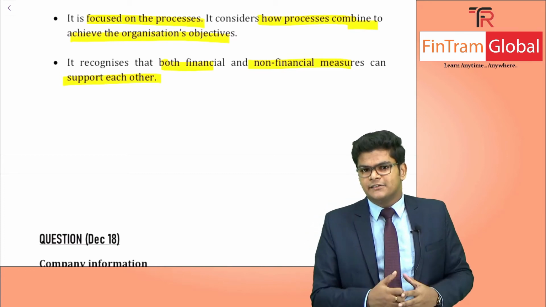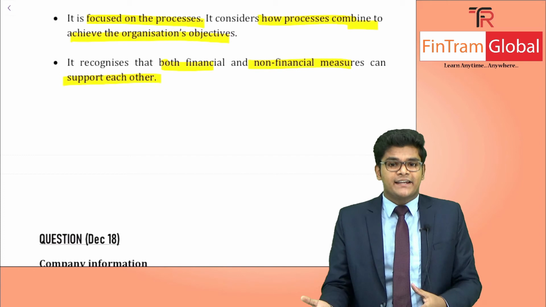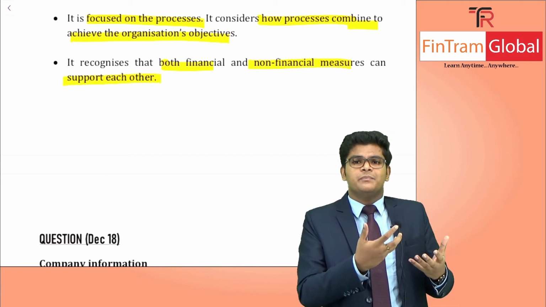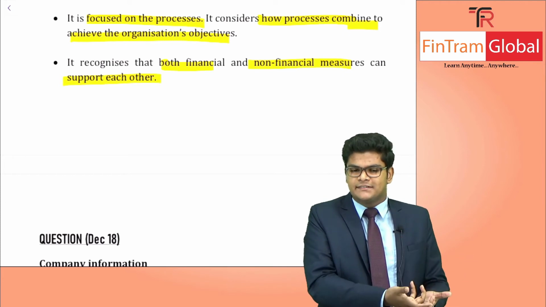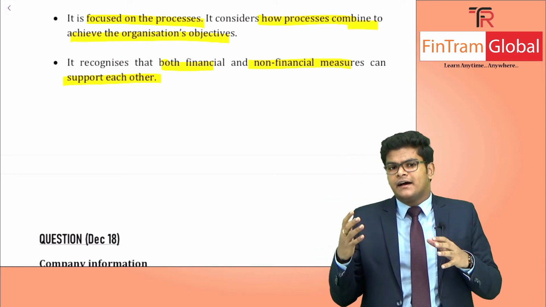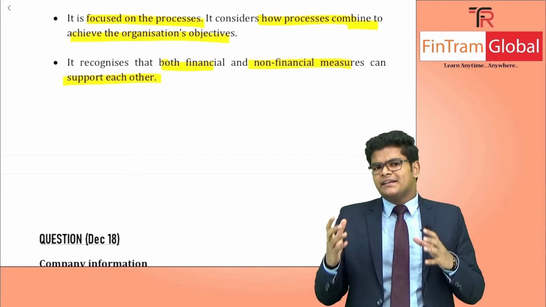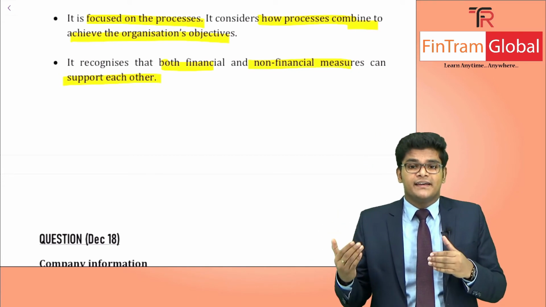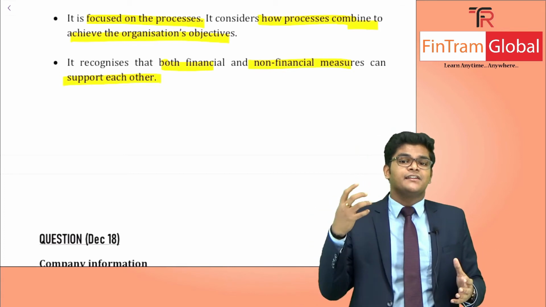The argument is this: if we focus primarily on the non-financial activities, then our efforts may not be to achieve the financial. Okay guys, so that's a problematic situation there, isn't it? So the idea is this: the managers or other individuals within an organization would rather focus on the financial aspects rather than the non-financial aspects.